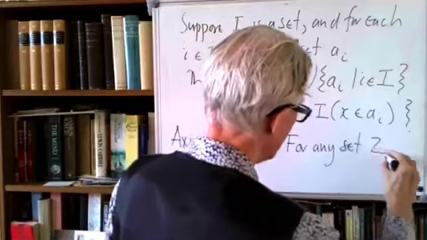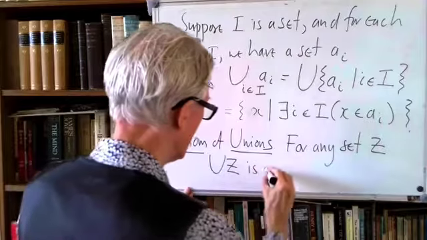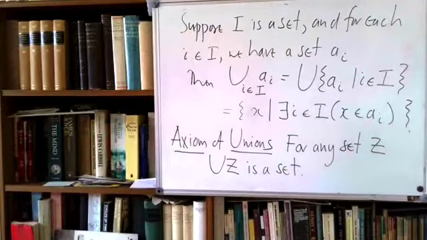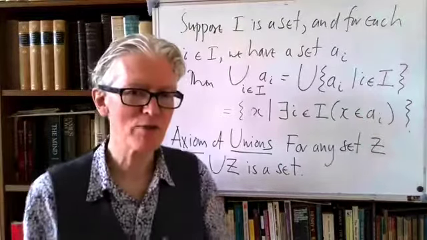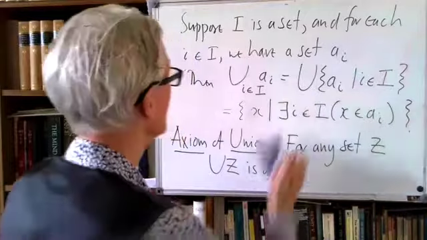For any set Z, this is a set. And again, somehow the idea is that we're not throwing in too many things. It's not getting too large.